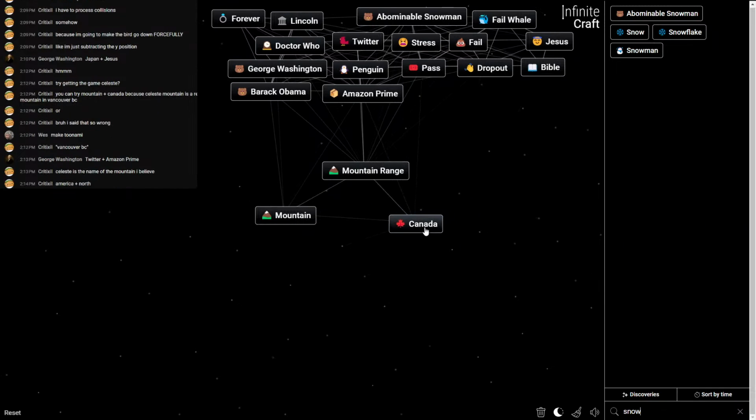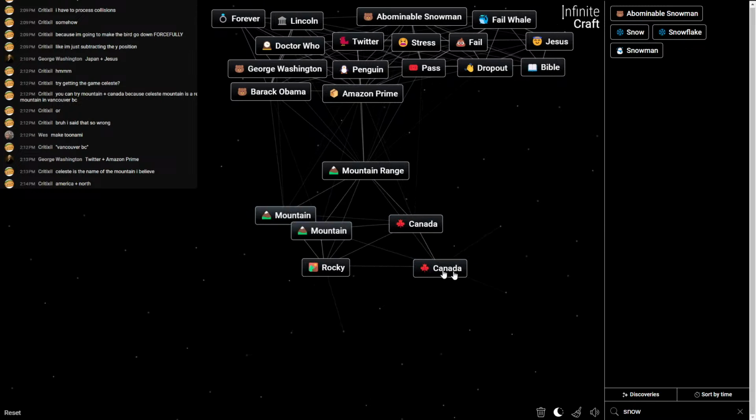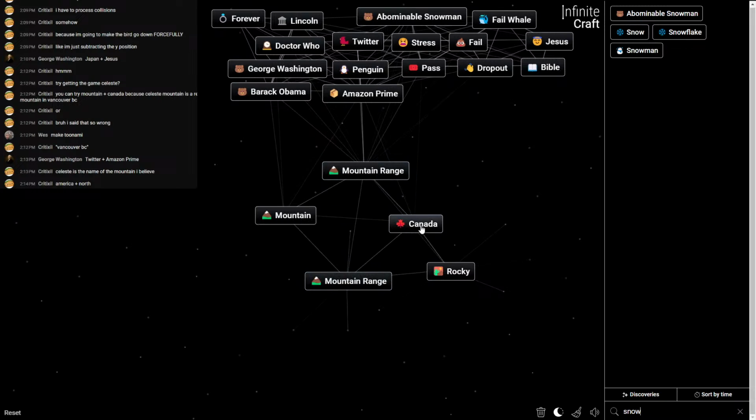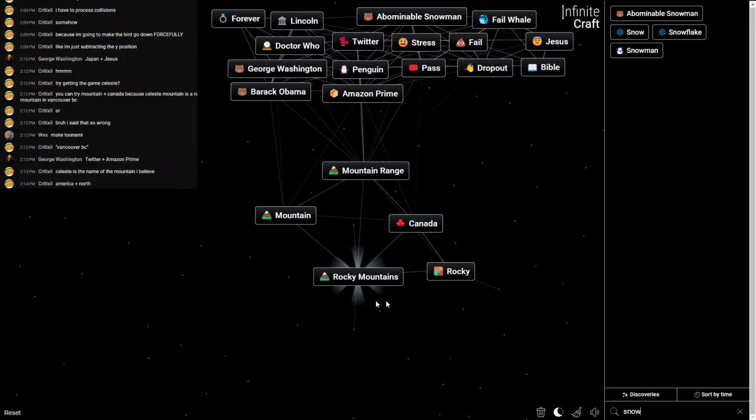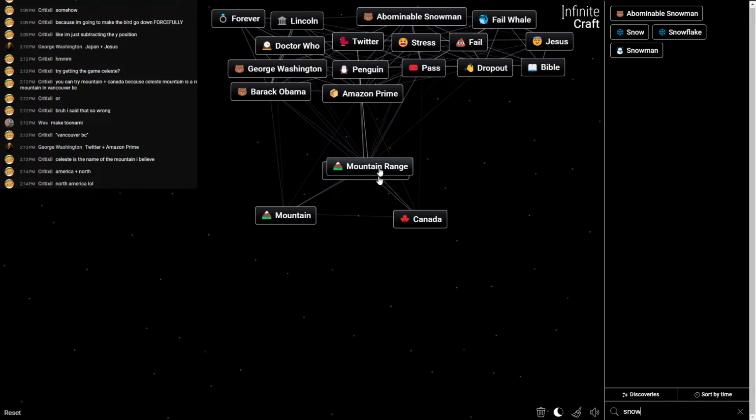Yep. America, Balboa. Canada and mountain gives us Rocky, which makes sense because the Rocky Mountains do cut in. I think we are getting some mountains though.